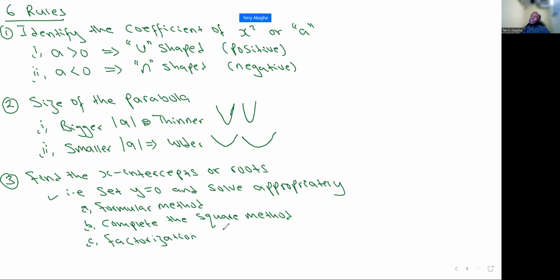And under factorization, I talked about that we have the common factors. You can use common factors depending on the question you have. You can use the difference of 2 squares.